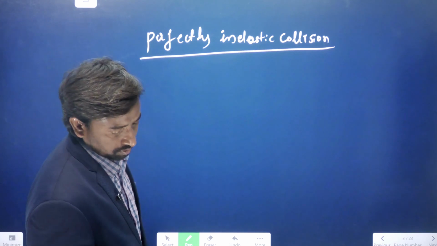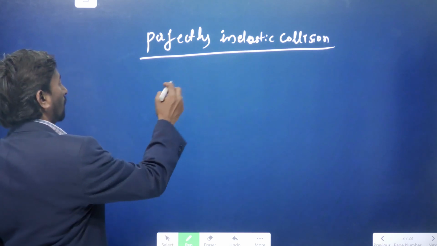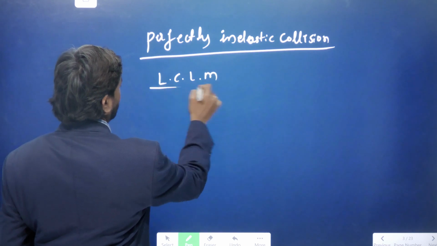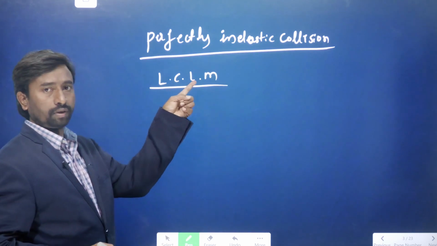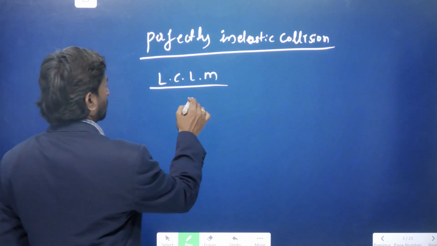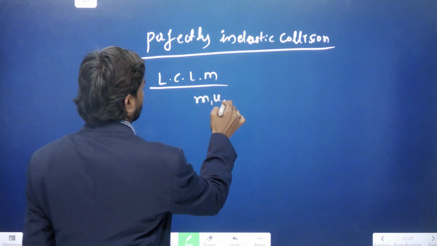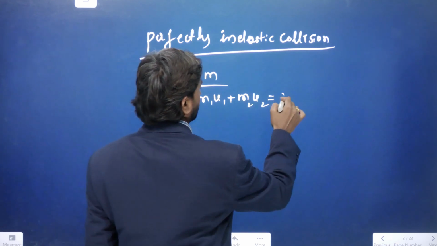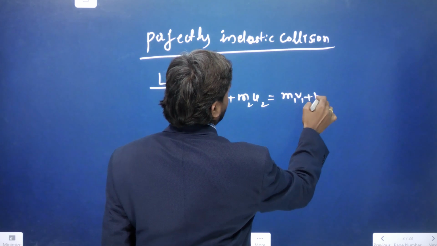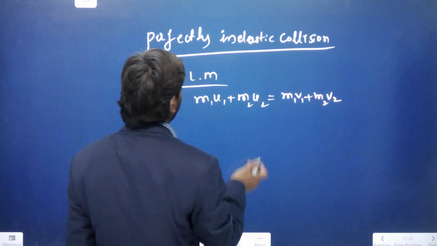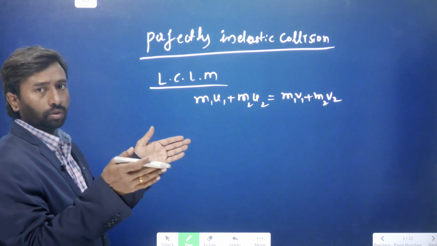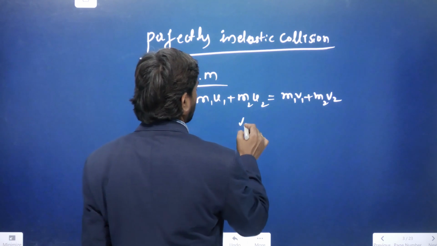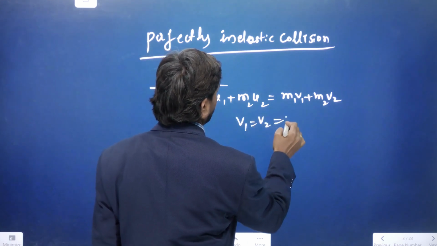After the collision they stick together, combined, and travel with the common velocity. According to the law of conservation of linear momentum, the initial momentum m1 u1 plus m2 u2 equals m1 v1 plus m2 v2. In the perfectly inelastic collision, the two bodies stick together and move with a certain velocity, so v1 equals v2 equals v.